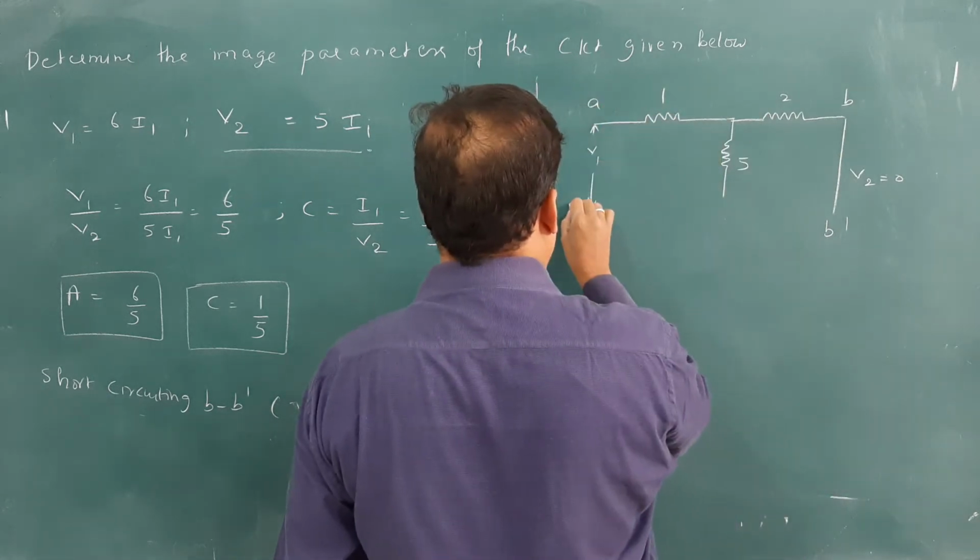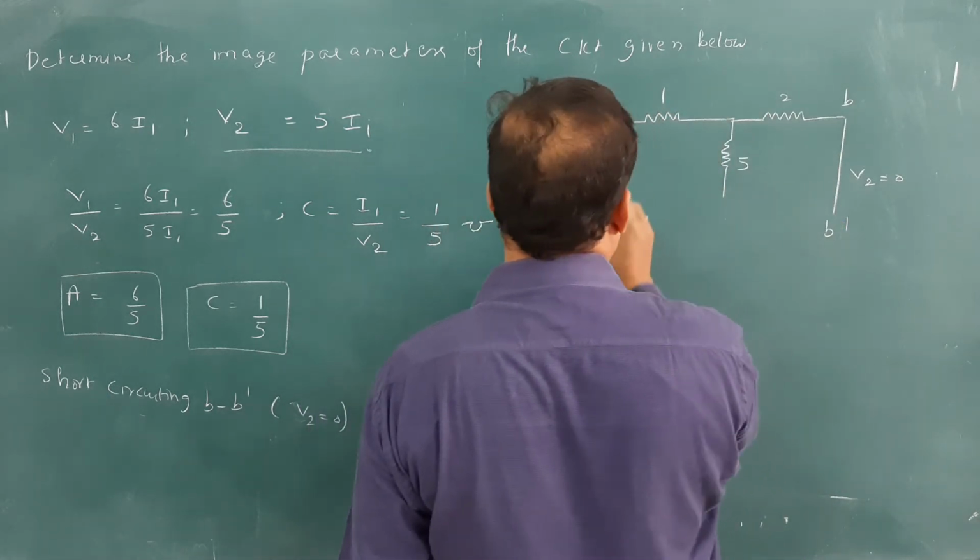Therefore, we write here V2 is equal to 0.